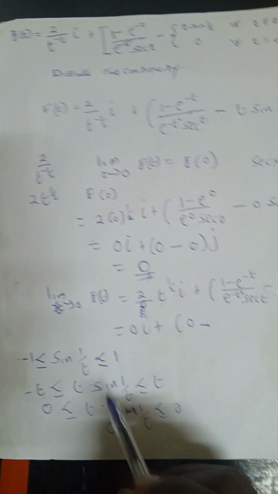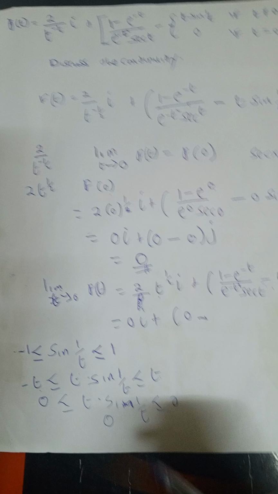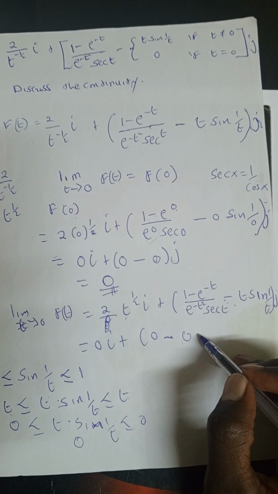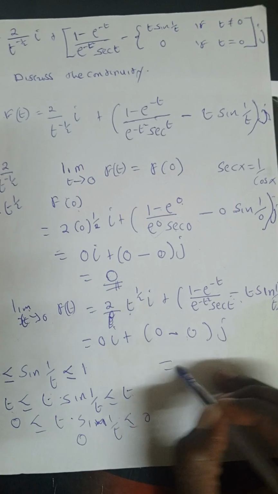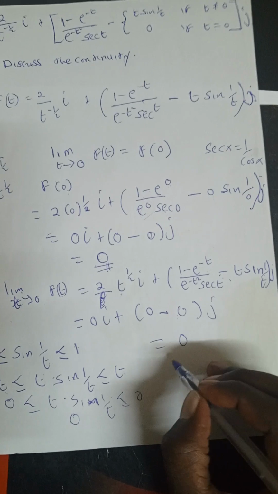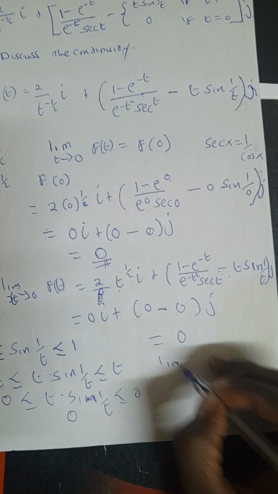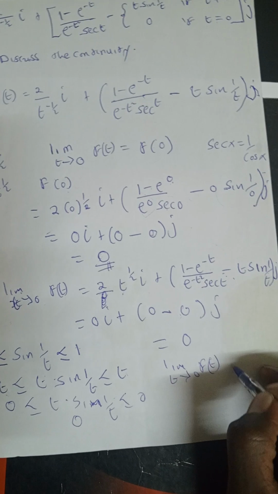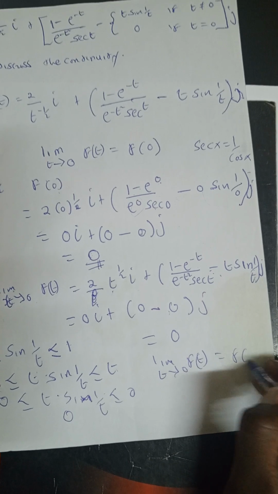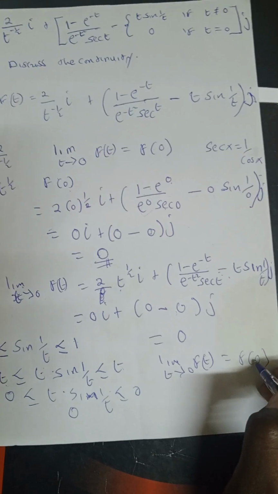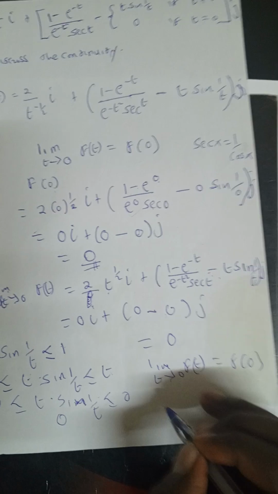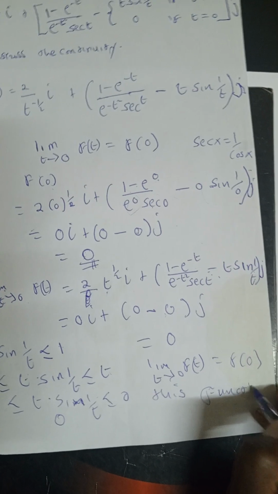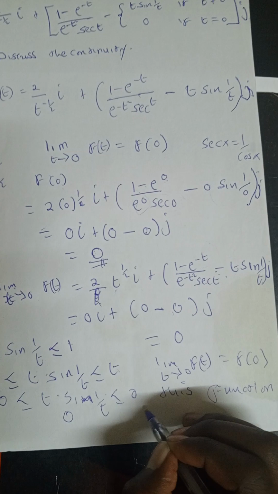By using the squeeze theorem, we have proved that even the middle part approaches 0 as t is approaching 0. So this is for our j, so this is 0 as well. Since now we have proved that the limit as t approaches 0 for f(t) is equal to f(0) when we just substitute 0 for t, this function is continuous.